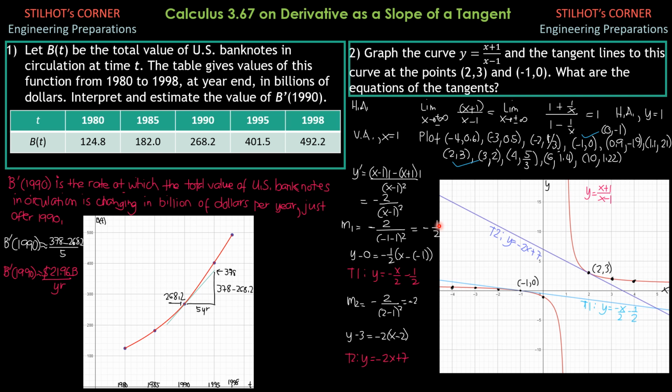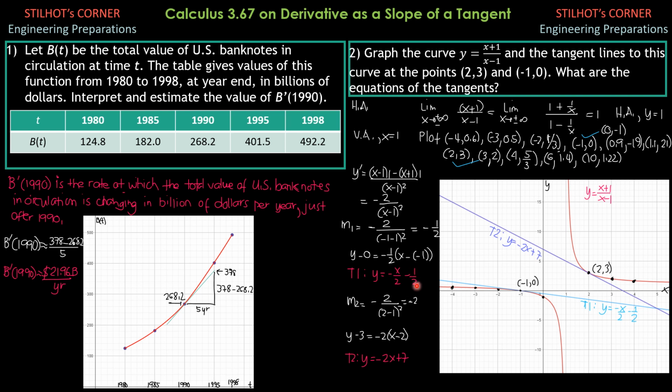Then the equation of the tangent is by point slope form, y minus 0, y1 is 0 here, is equal to slope -1/2 times quantity x minus x1, so x minus -1. So simplifying, the first tangent is y equals -x over 2, then minus 1/2.